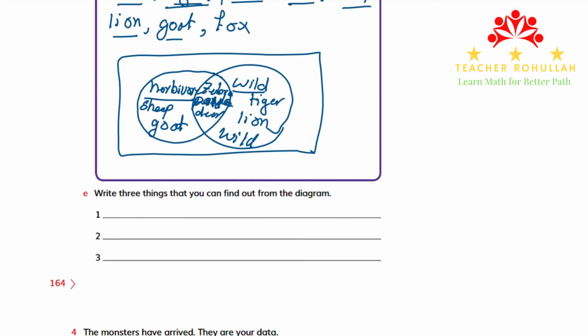So part E of this question says, write 3 things that you can find out from the diagram.